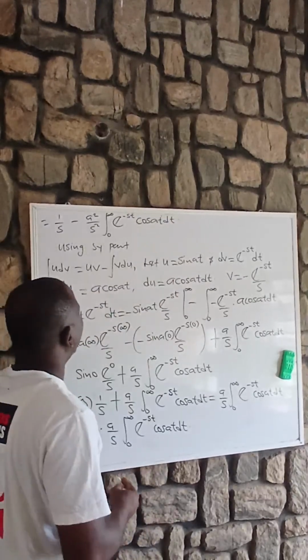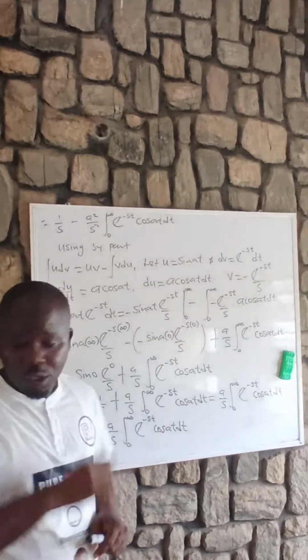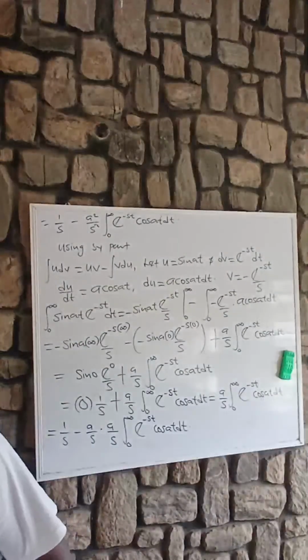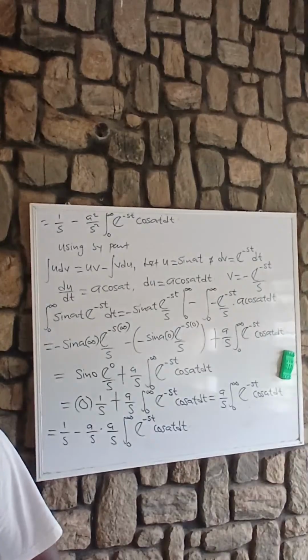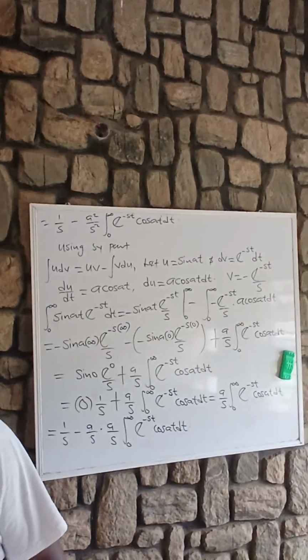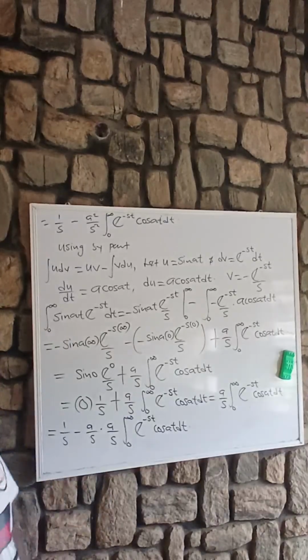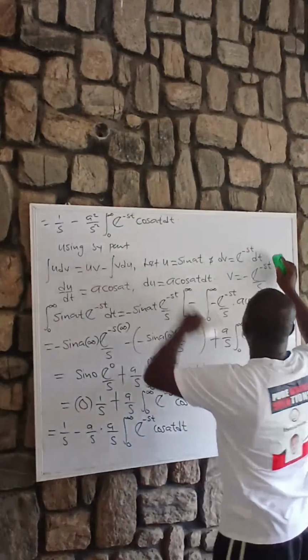So we are still going to use by parts. I will still use by parts, if you can see what I am saying. So let us use by parts again.